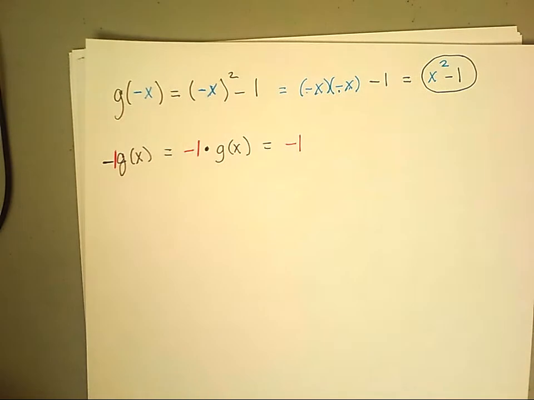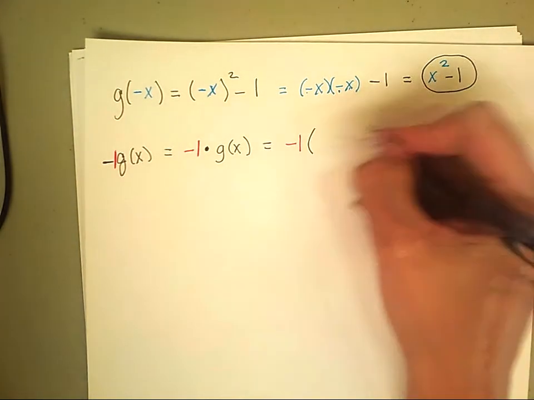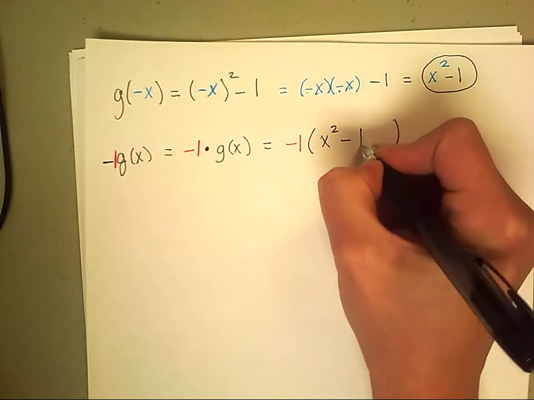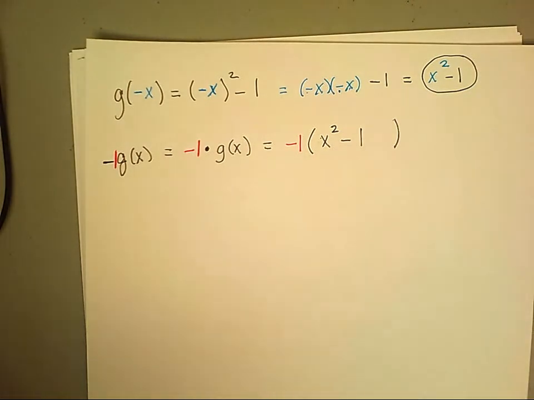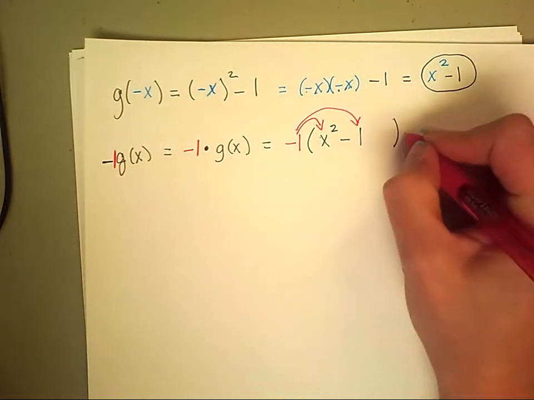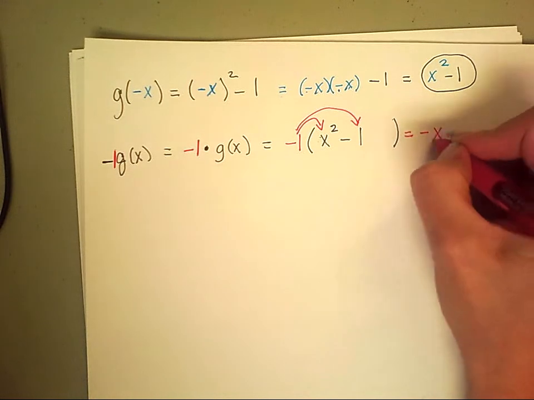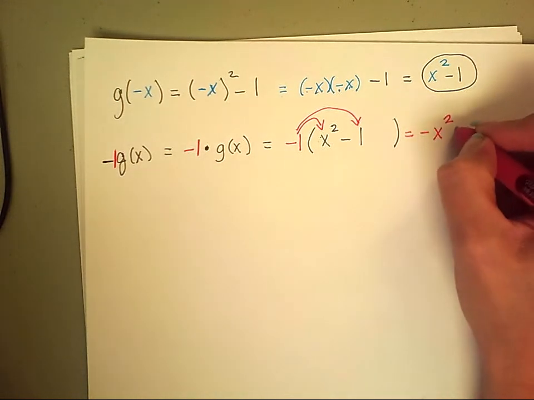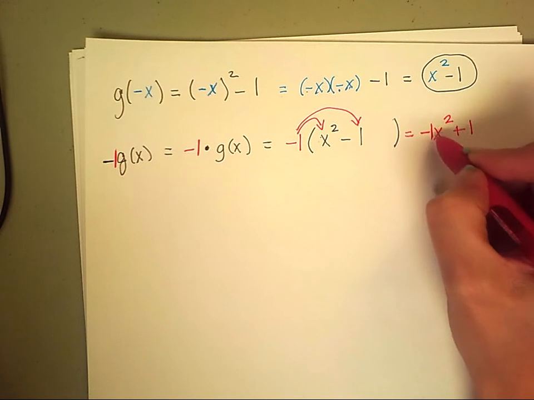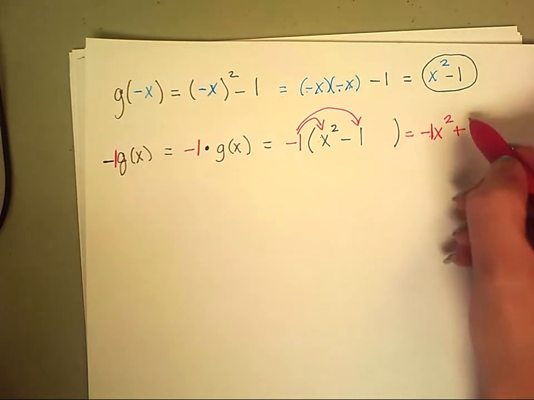Now, negative 1, again, we'll open up our parentheses, because g of x is x squared minus 1. So now when we distribute the negative through, what will happen is it will change the signs, and we'll get negative x squared plus 1. Okay? So this is like negative 1 times x squared.